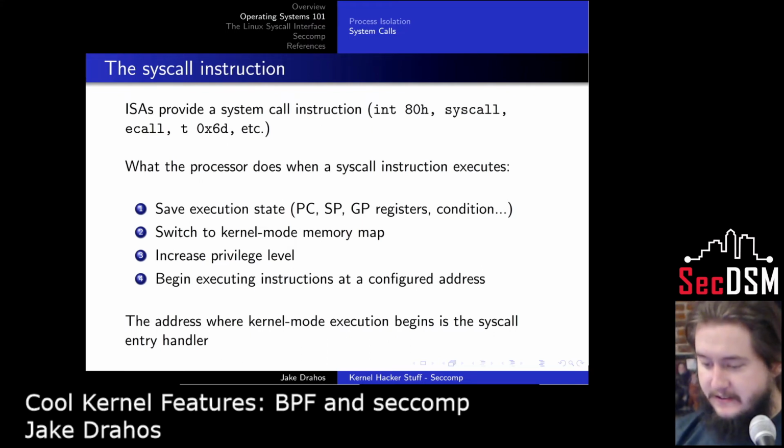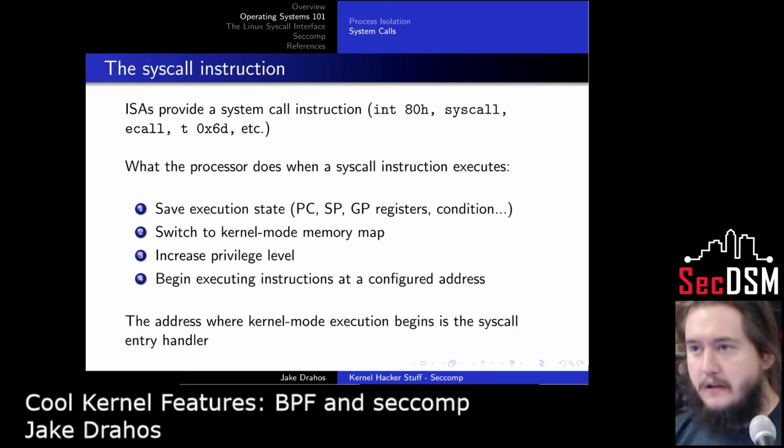int 0x80 is the 32-bit x86 syscall, syscall is 64-bit. If anyone knows what the TOX6D syscall instruction is, I'd be pretty proud. But anyway, the syscall instruction is arguably the most important instruction in an ISA when it comes to how privilege levels escalate to something that can now communicate with kernel space.